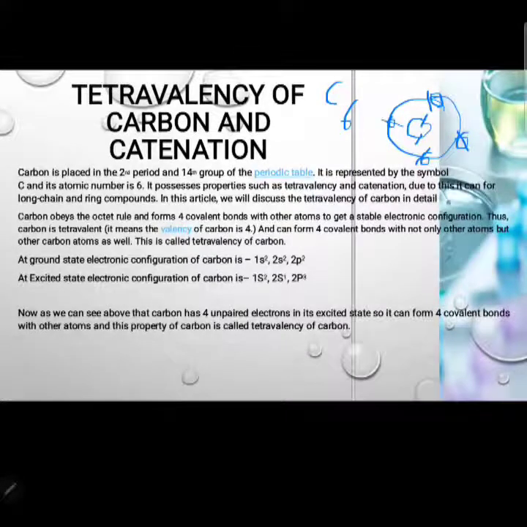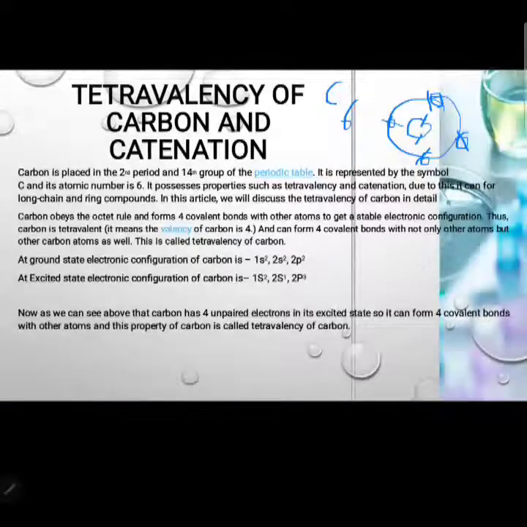Now, we're actually supposed to be having 2, 2, 2, 2, instead of having 1 electron each. So we're supposed to have 2 up, 2 left, 2 right, and 2 down. But what actually happens is that we don't have any other electrons to pair these electrons, and this is where tetravalency comes in. There are 4 spaces for carbon to marry other elements.